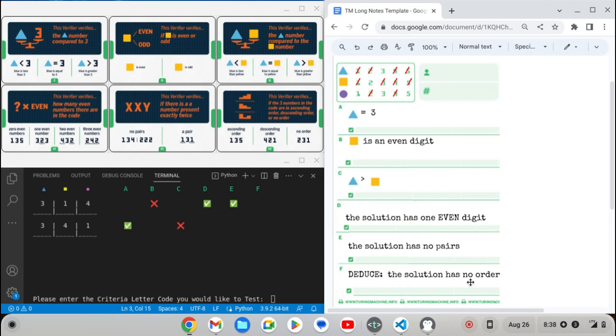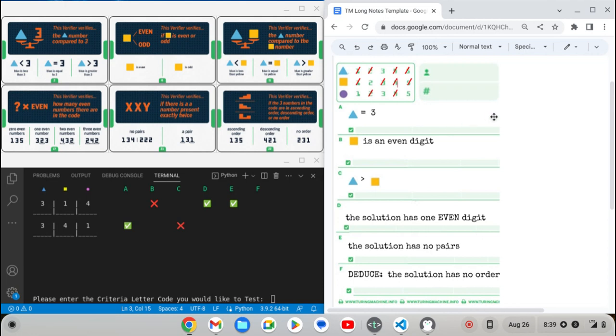Now we did deduce that this solution has no order. If that were the case and there are no duplicates, then circle should be 5 in order to accomplish that.